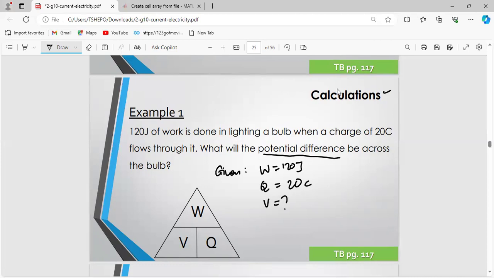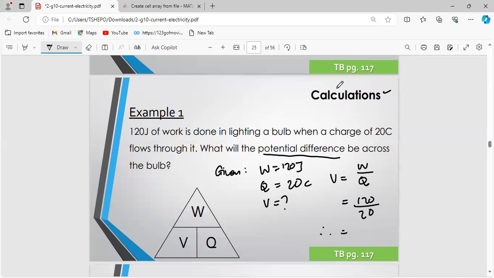Which formula are we going to use to calculate V? From our formula sheet, V, the potential difference or voltage, is equal to energy or work over charge. Our work or energy is 120 joules divided by our Q, which is 20 coulombs.